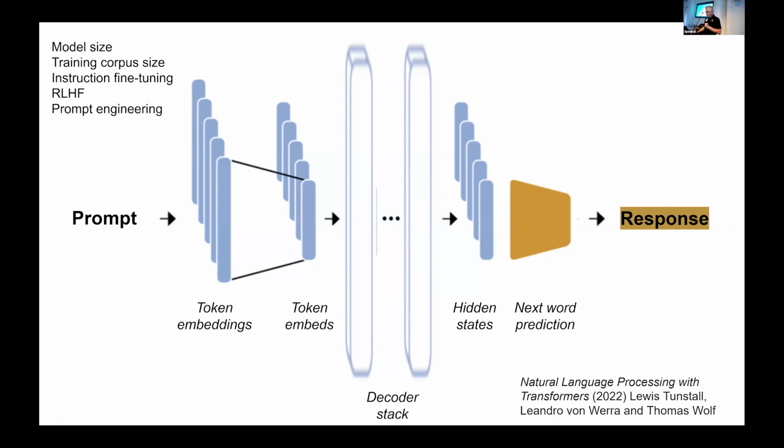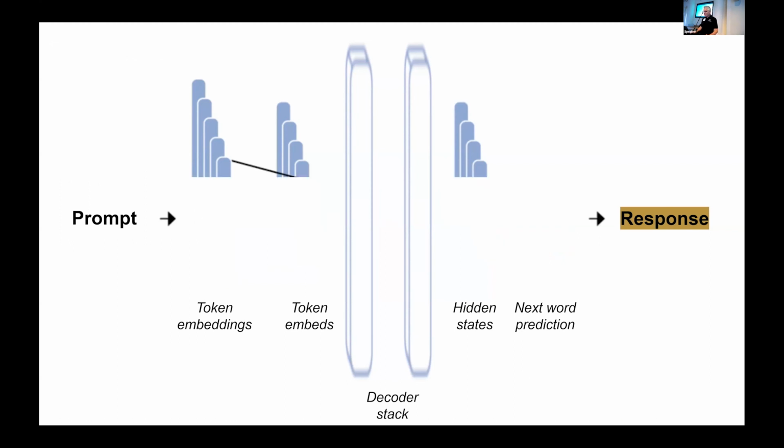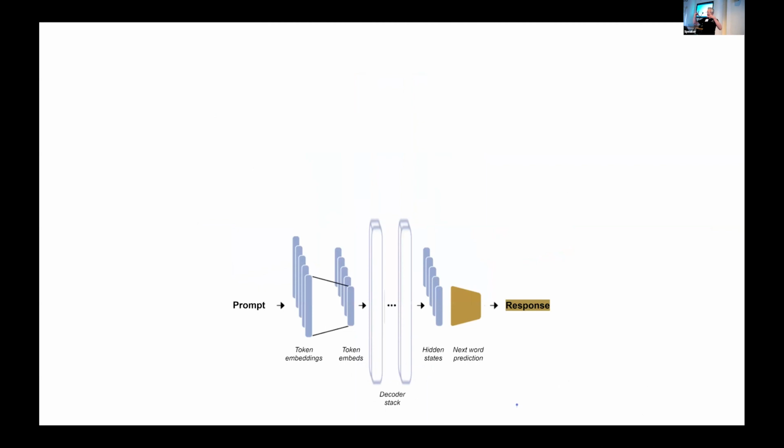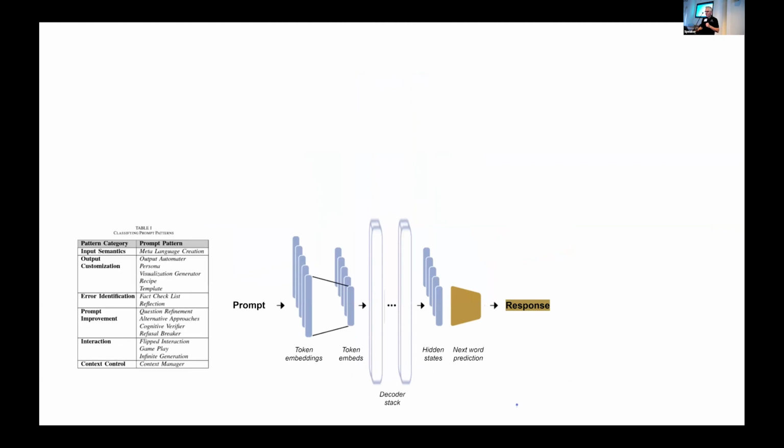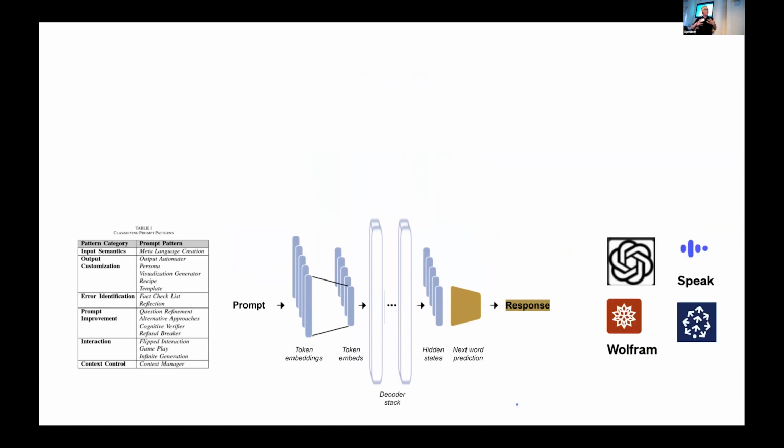So what do we do? Well, one thing that we can do, to do better, is be more structured in our prompt engineering and be clearer about what we're asking for and how we're asking for it. So that's important. But another critical part is to open up the model to tools.